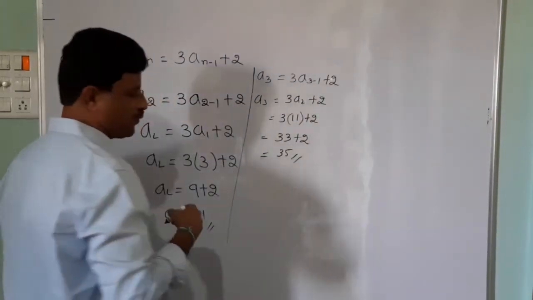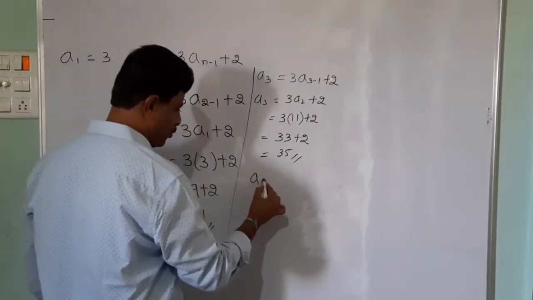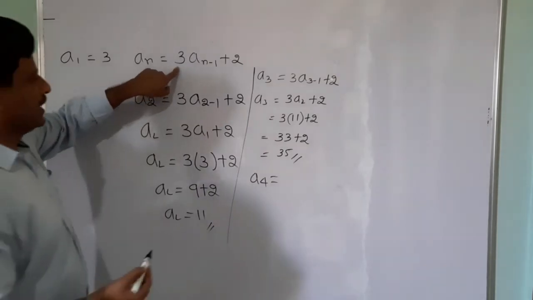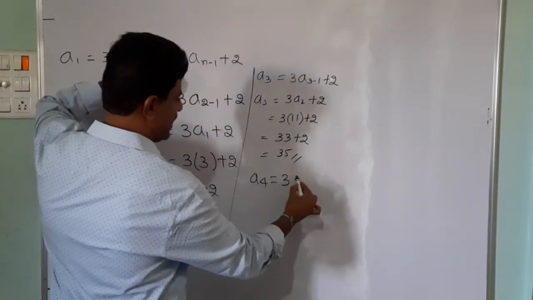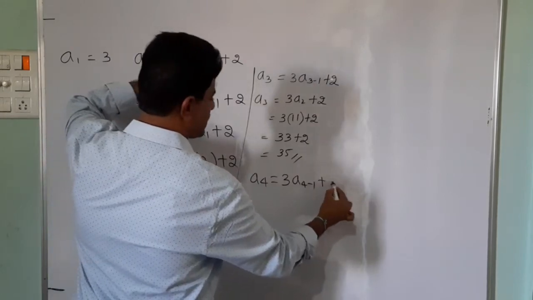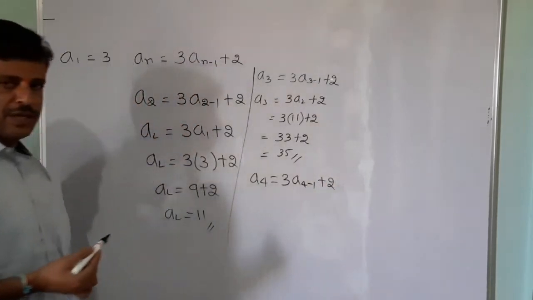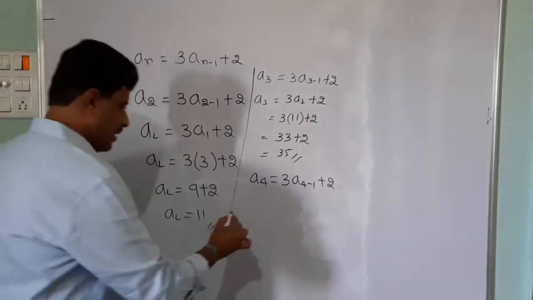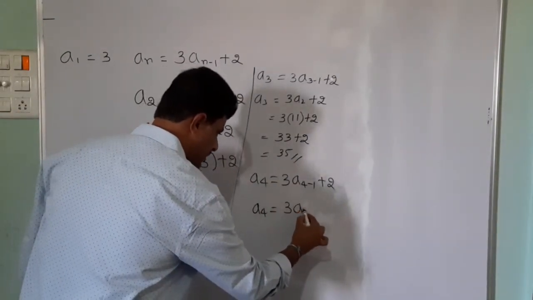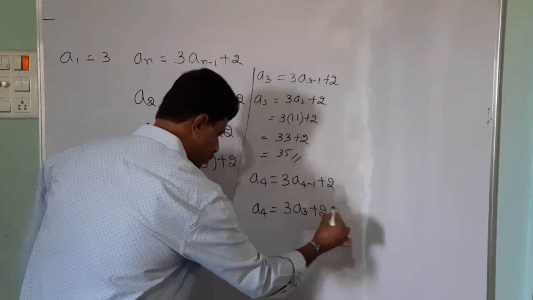So next A4, put n is equal to 4. A4 is 3 into A4 minus 1, plus 2. A4 is equal to 3 into A3 plus 2.